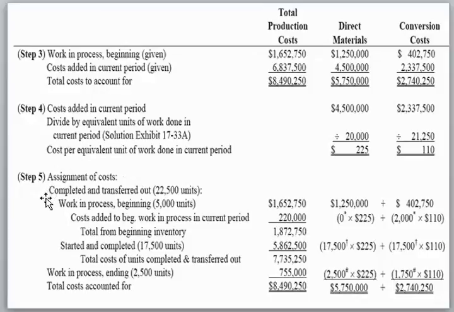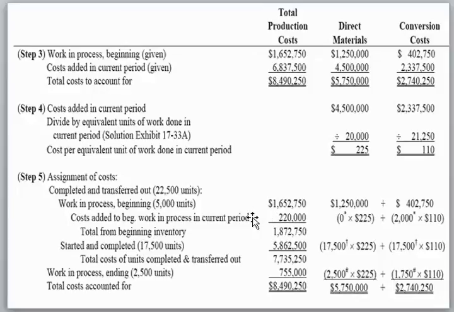The last step is the assignment of costs. Completed and transferred out: the number of units was 22,500, and work in process beginning 5,000. So completed and transferred will be 1,250,000 plus 402,750 for conversion cost, which will be the total 1,652,750.